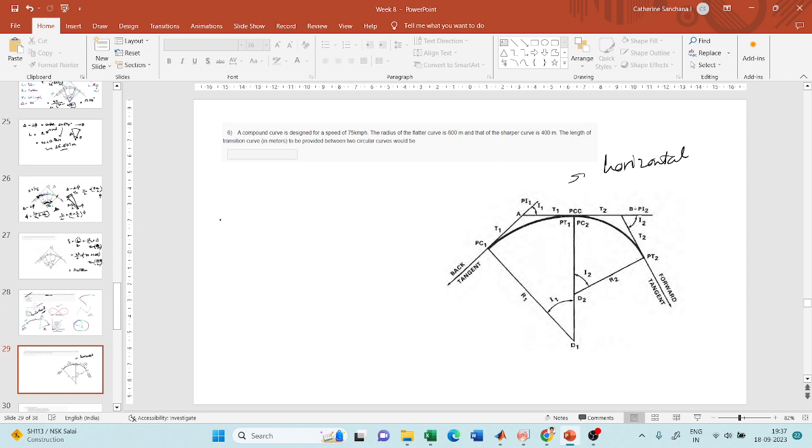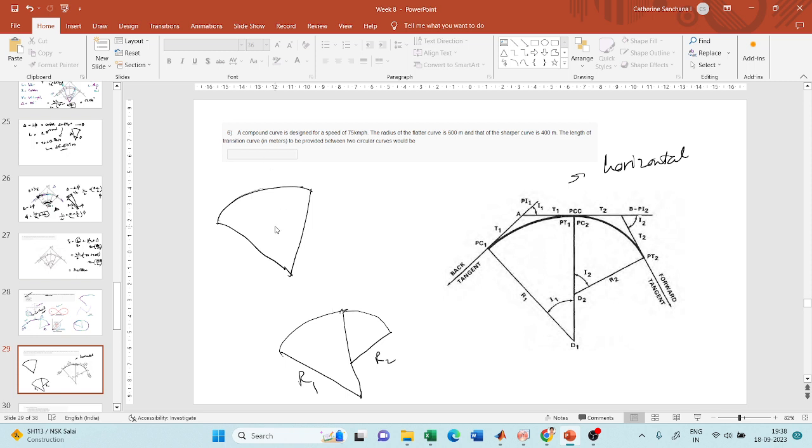In simple curves, the radius will be constant for the entire horizontal curve. For a compound curve, one portion of the curve will have one radius, and the remaining portion will have another radius. This is called a compound curve.